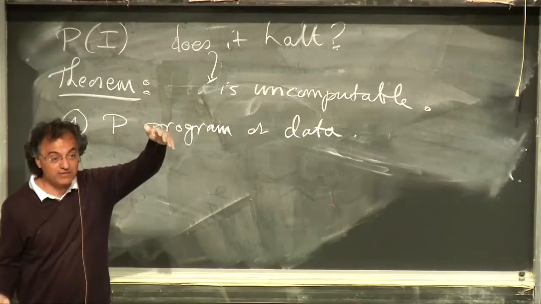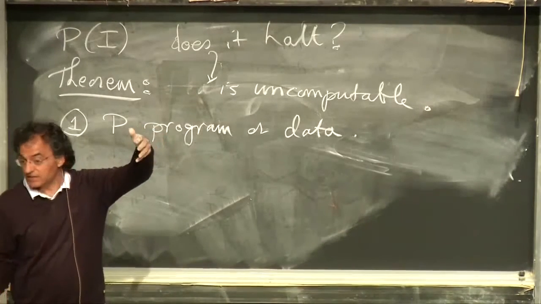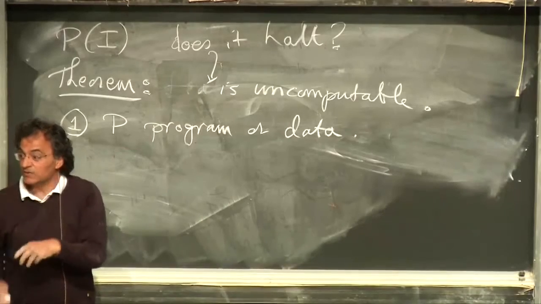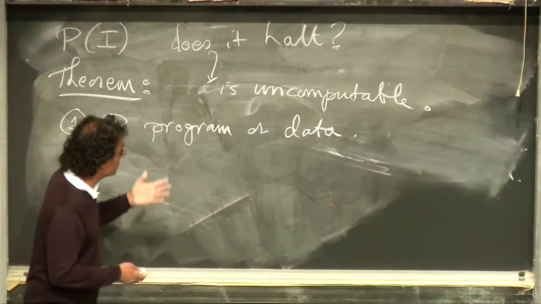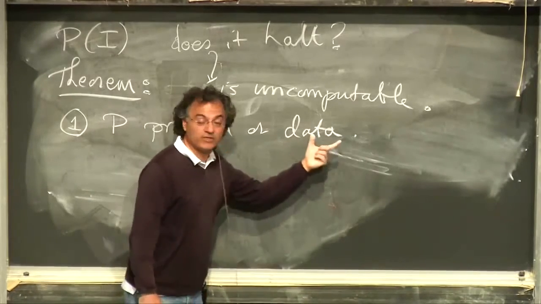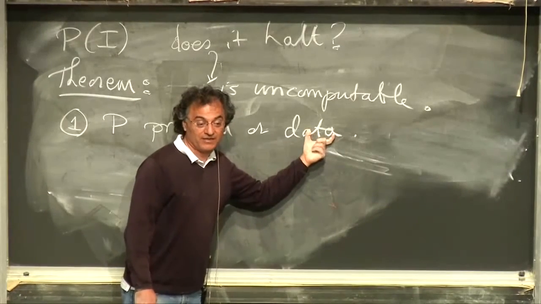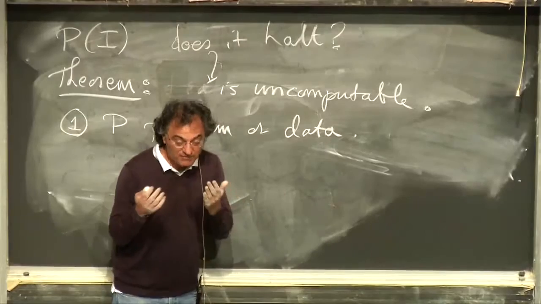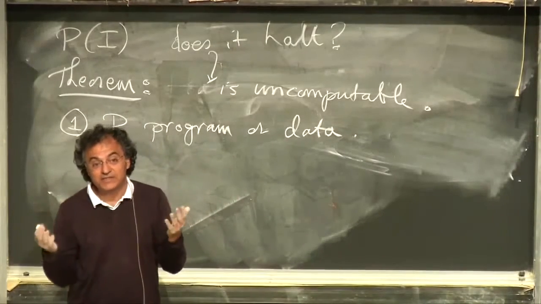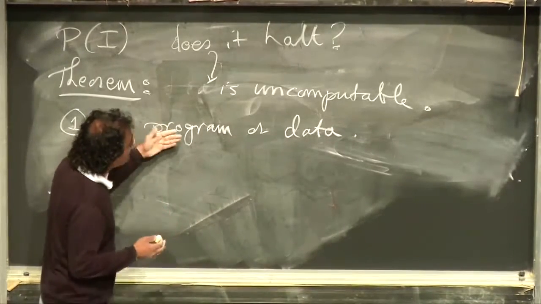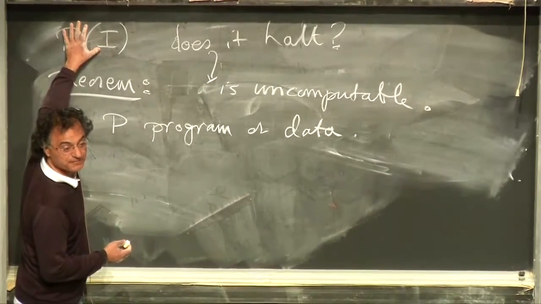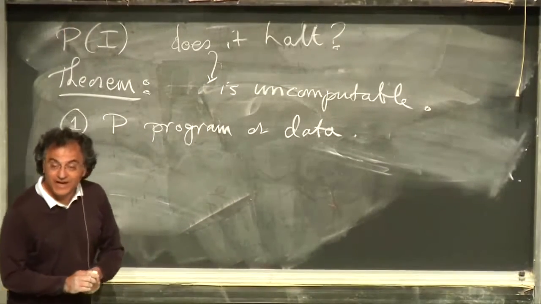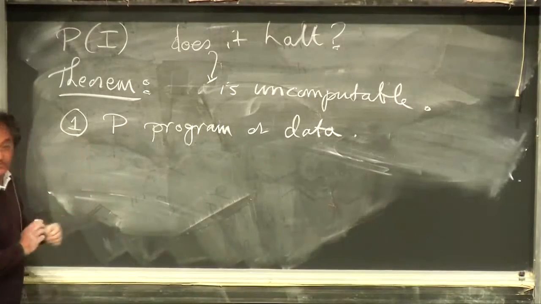You could write it out in binary, and then it's just a piece of data. If you want to interpret it as a program, that's your right to do. But you can also interpret it as data. And the fact that it can be interpreted as both plays a really central role in the proof that you cannot solve the halting problem. So how do you show that you cannot solve the halting problem?